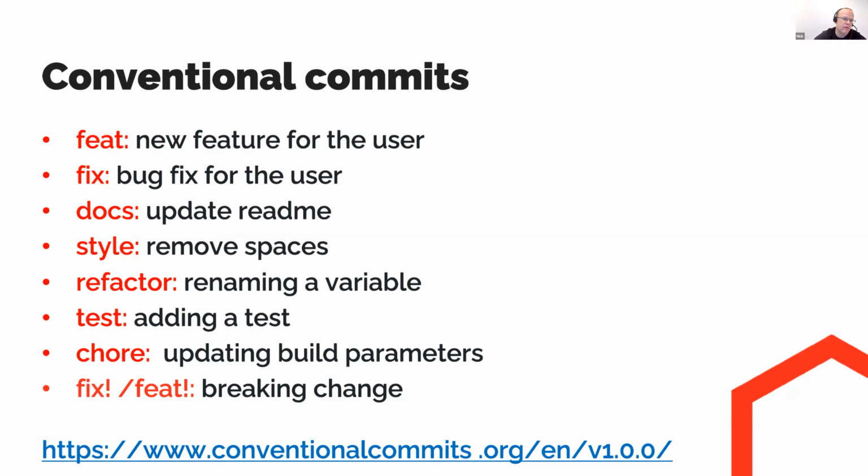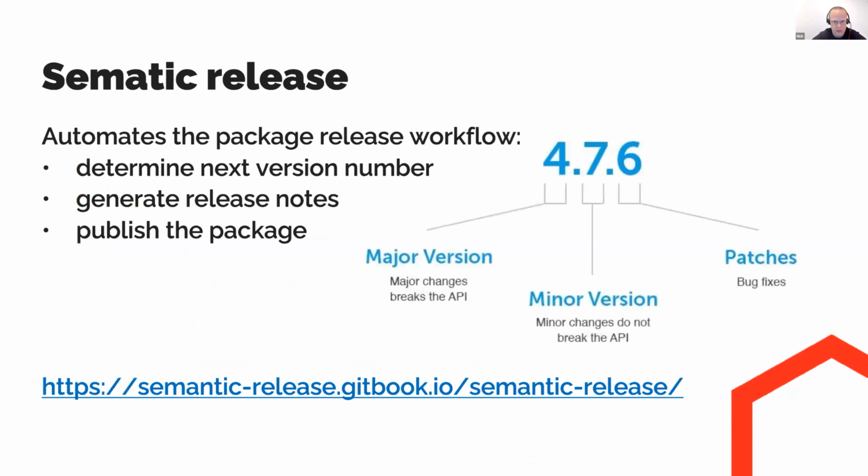So if your commit contains just some documentation update, you prefix the commit with docs, and you just say added a comment or updated user documentation. This will not create an upgrade in the major version number or the minor version number, and this will be a patch release. This will change the last version number.